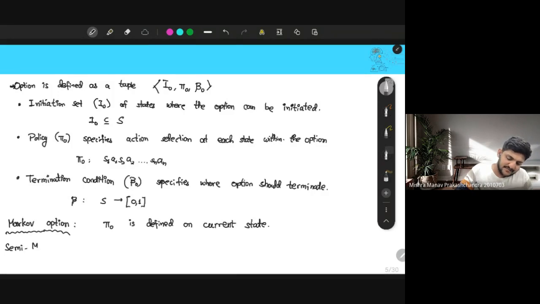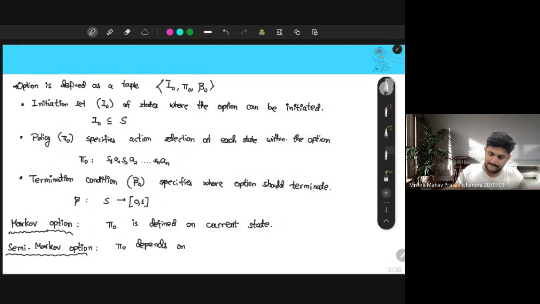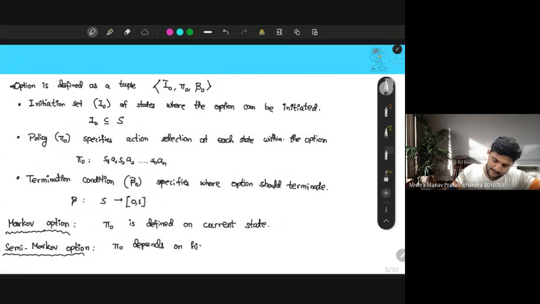And a semi-Markov option would be where pi naught depends on history since the option started, right?